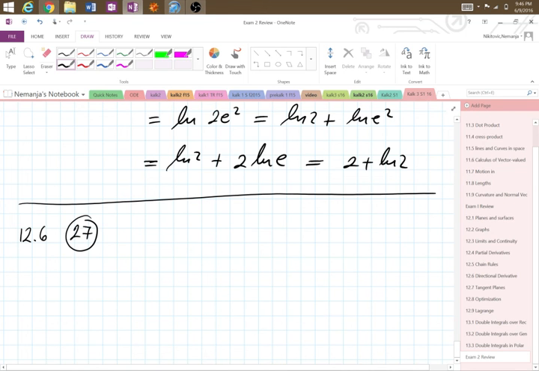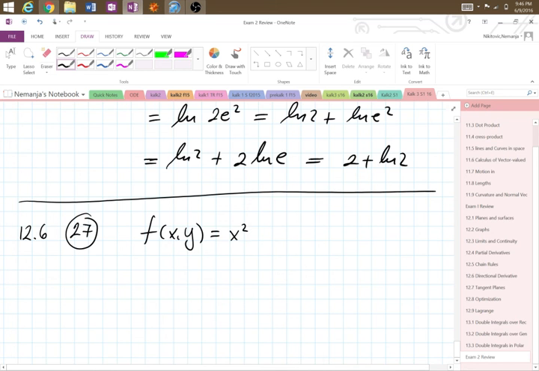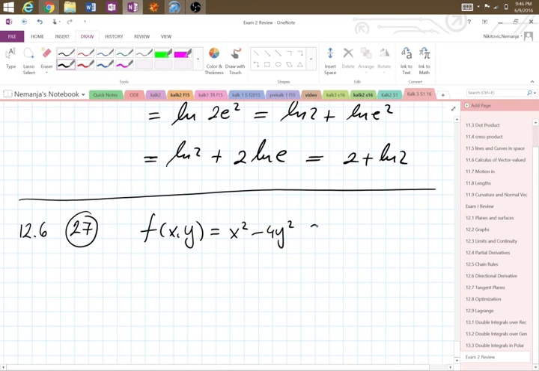So we have f(x, y) given as x squared minus 4y squared minus 9, and we have a point P (1, negative 2). They want us to find the unit vectors that give the direction of the steepest ascent and the steepest descent, and a vector that points in the direction of no change in the function at P. What now?